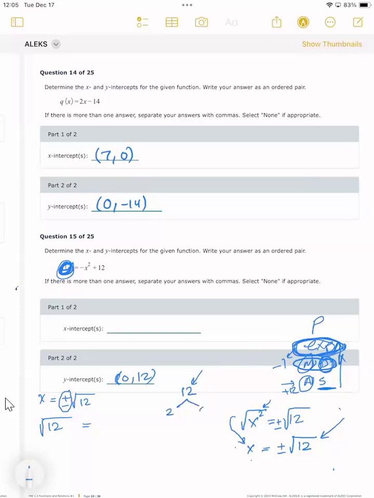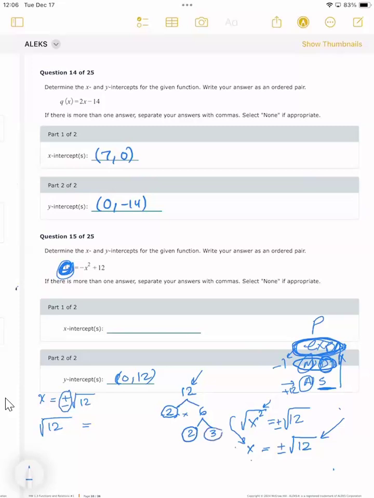12 divided by 2 gives you 6, or 6 times 2 is 12. You cannot break 2 into any other two numbers. 2 is made out of 1 times 2. But 6 is divisible by 2, so you can write 6 as 2 times 3. 2 is already prime because you can't write it as any other two factors.